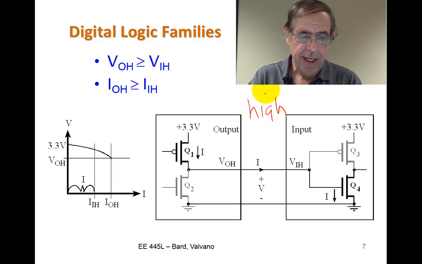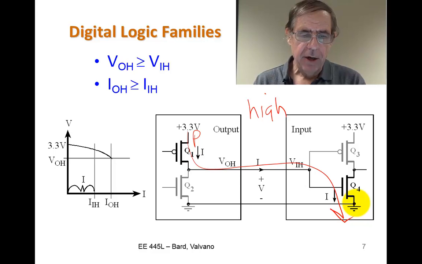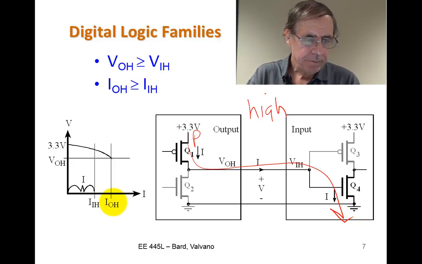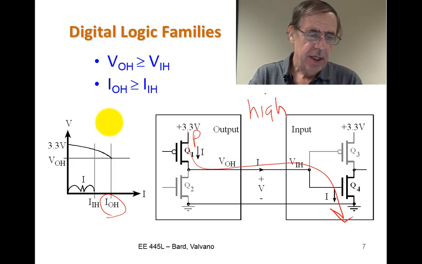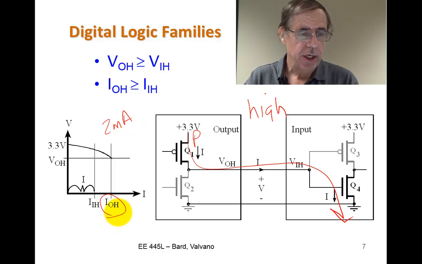And as we saw last time, the P-channel transistor here is active when the output is high, and the current is going to flow in this direction. That's what we saw last time. But now let's look at how the currents add up. What happens as I connect more and more inputs to my output? Okay? And we saw that for our device, the maximum current that I can source was 2 milliamps when the output is high. That's IOH.